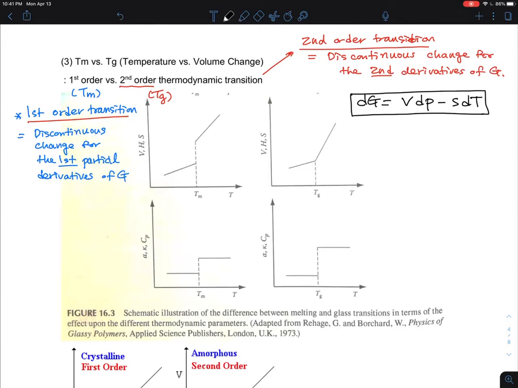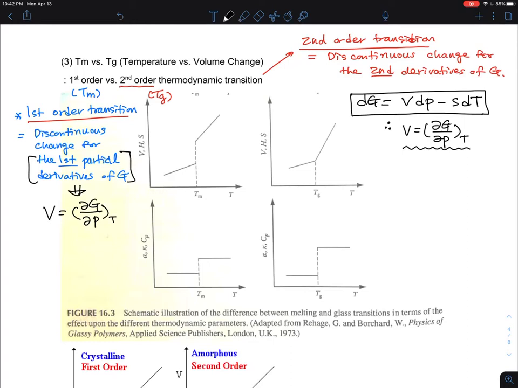So here, therefore, I have a volume, which says that round G over round P at constant temperature. Right? So the volume is an example of a first order derivative of G.